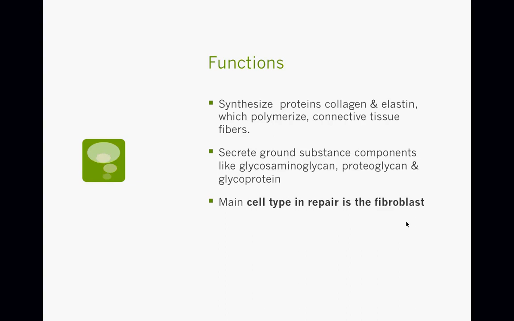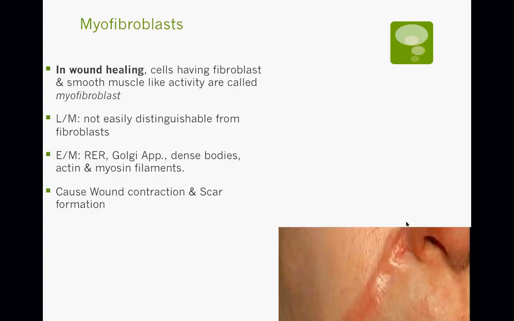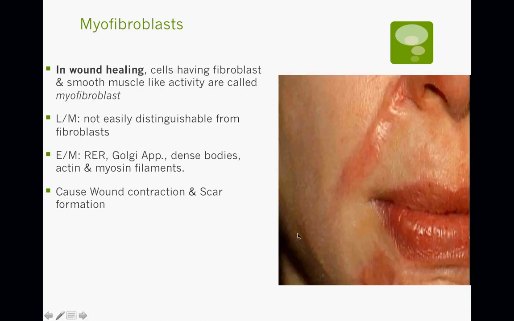Another friendly cell within the connective tissue with the fibroblast, which helps in wound healing, is the myofibroblast. This is the second fixed type of cell, the myofibroblast, which helps in wound healing. You can see here a wound which has been healed by the formation of a scar, right? So this is actually a very specialized fibroblast and has a smooth muscle-like activity.